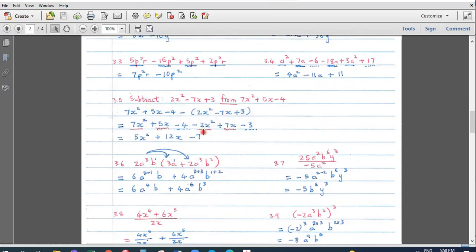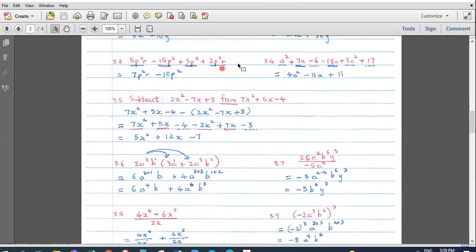So you're subtracting 2x squared. And negative times negative is positive 7x. You're subtracting negative 7x, which gives you a positive. Then negative times positive is negative. So we multiply the negative sign to each of the terms in the brackets.